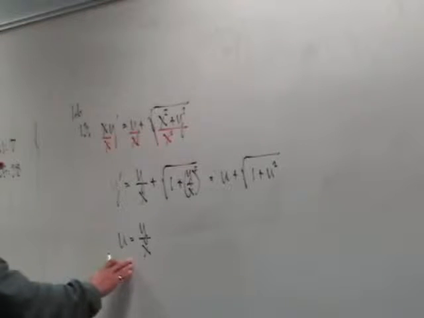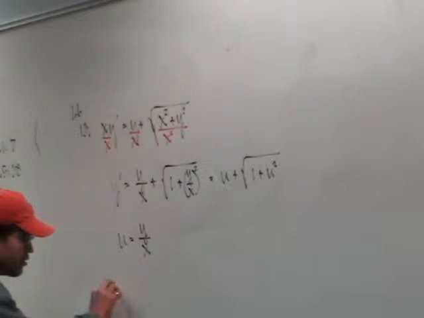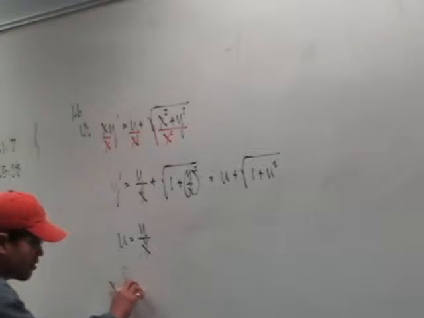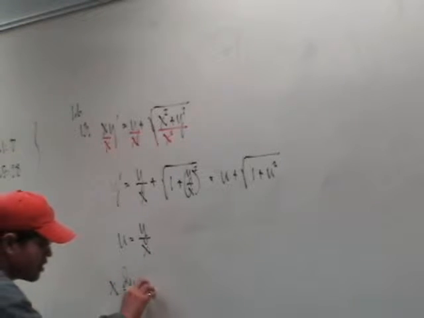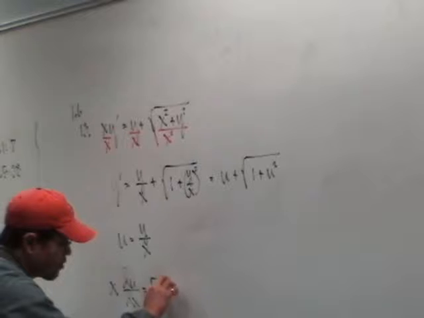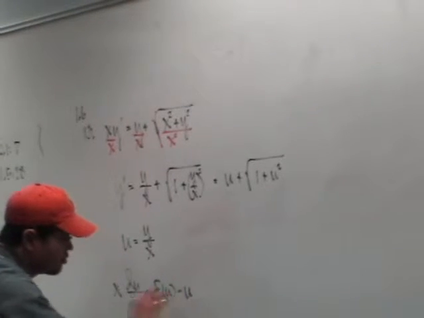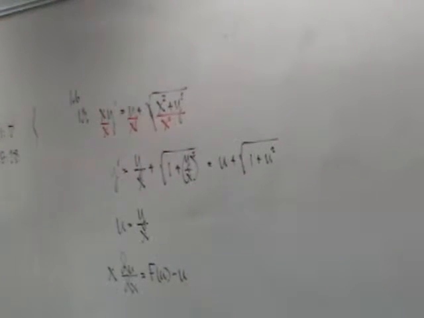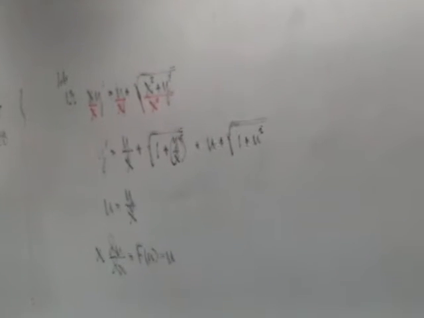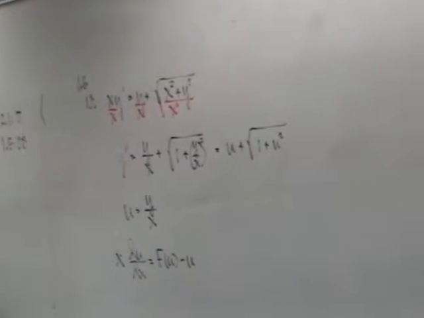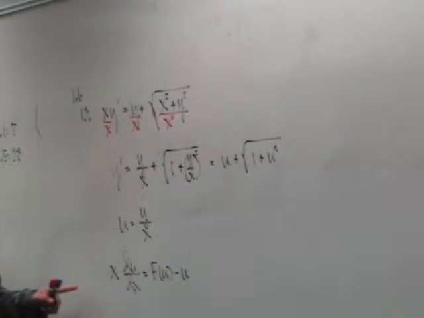And using this substitution, the differential equation, if you recall, turns into x du dx equal to f of u minus u. That was something you needed to memorize. You can save time by memorizing this equation instead of trying to derive it all the time.